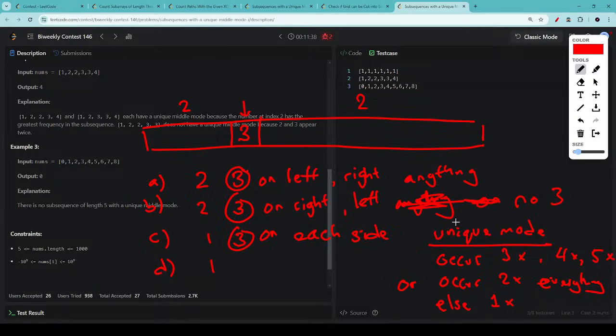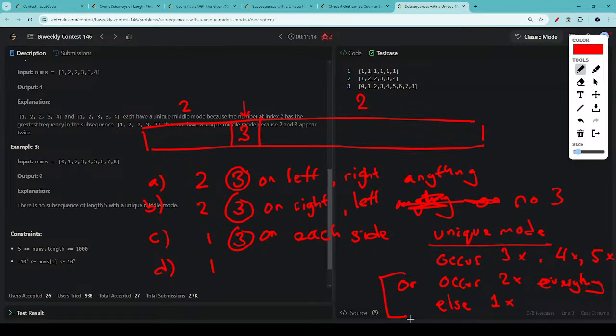So for 3 to be a unique mode of 5 numbers, and 3 is in the middle, then 3 either occurs 3 times, 4 times, or 5 times, which is what I'm doing here, or 3 appears twice, and everybody else appears 1 time. Okay, actually this is hard.